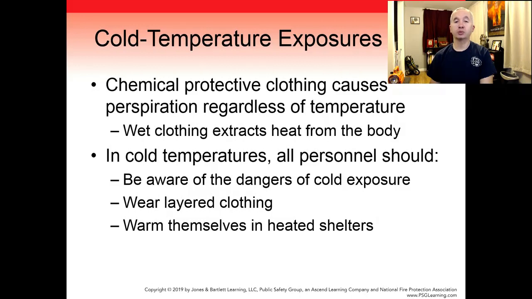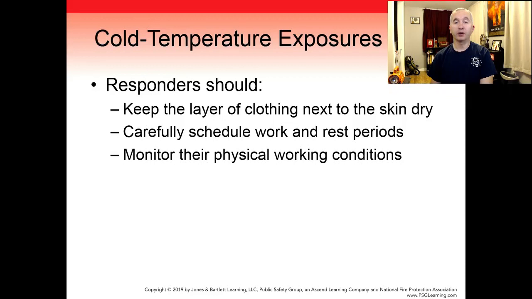Wet clothing extracts heat from the body and can lead to hypothermia. When working in cold temperatures, all personnel should be aware of the dangers of frostbite, hypothermia, and impaired ability to work. Wear layered clothing and be able to warm themselves in heated shelters or vehicles if necessary. A layer of clothing next to the skin should be kept dry. Responders should carefully schedule their work and rest periods and monitor their physical work conditions as well.